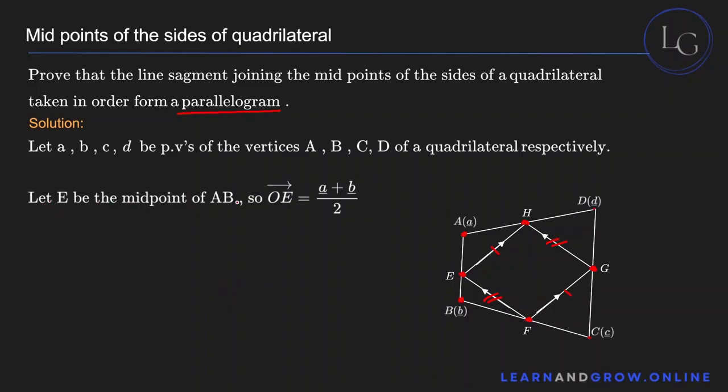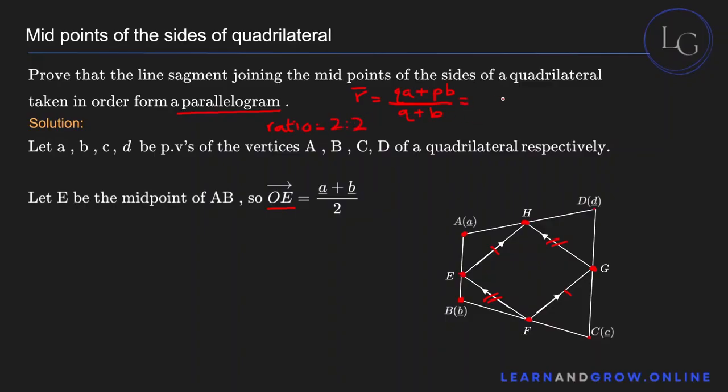It says here that let E be the midpoint of AB. So OE is equal to the position vector of A plus the position vector of B over 2. How did we find this? Well, you remember that the ratio formula said that R, which is obviously the midpoint in this case, because we need the position vector of E, which is OE over here, R is equal to QA plus PB over Q plus P. Now in this case, since it's the midpoint, the ratio of Q and P is 2:2.